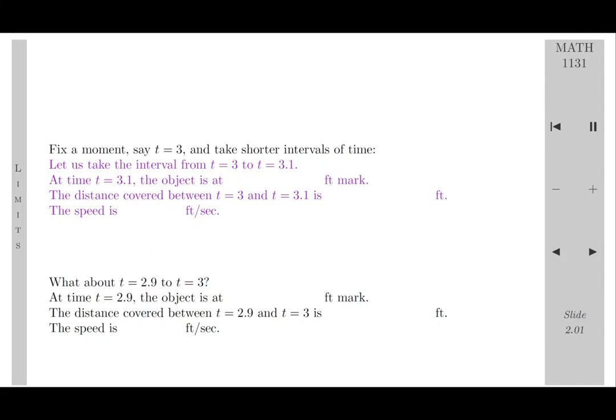At time t equals 3.1, the object is at 16 times 3.1 squared, that is the 153.76 foot mark. The distance covered from t equals 3 to t equals 3.1 is 153.76 minus 144, which is 9.76 feet. The speed is 9.76 divided by 0.1 equals 97.6 feet per second.